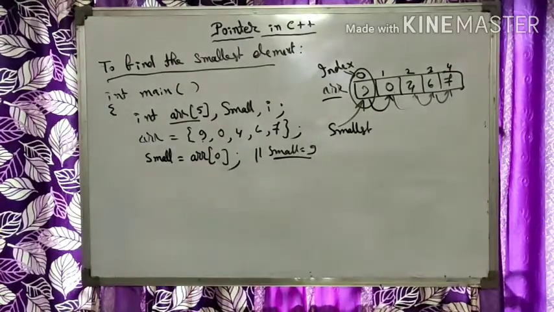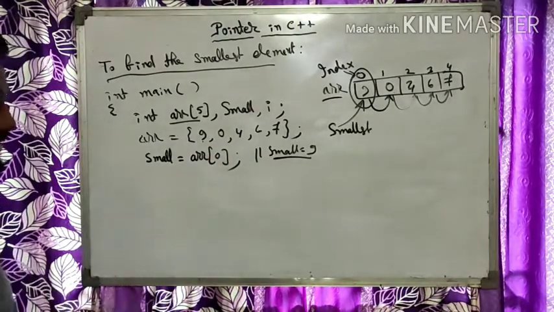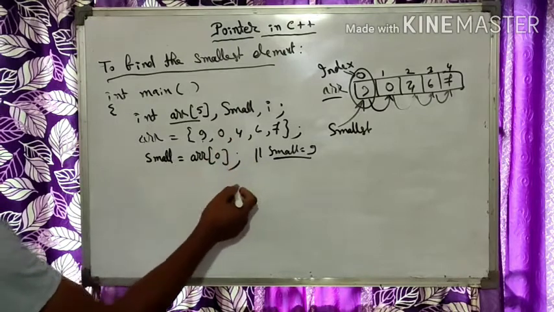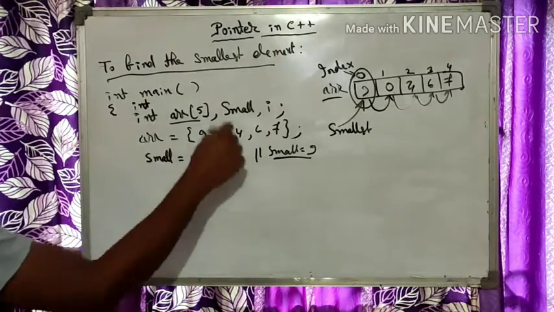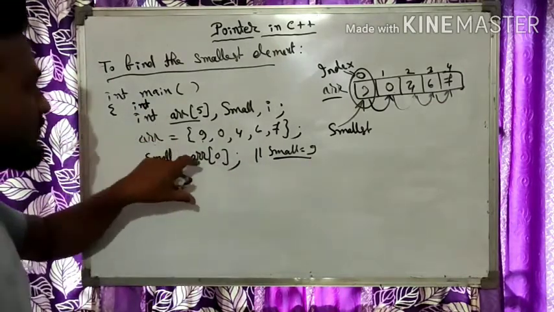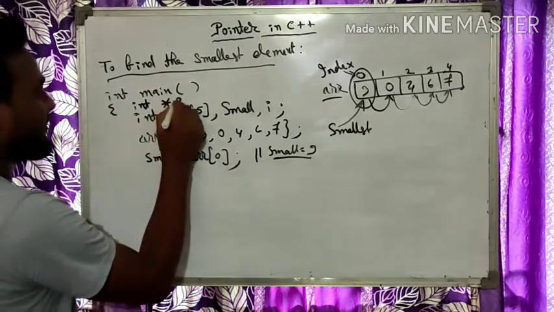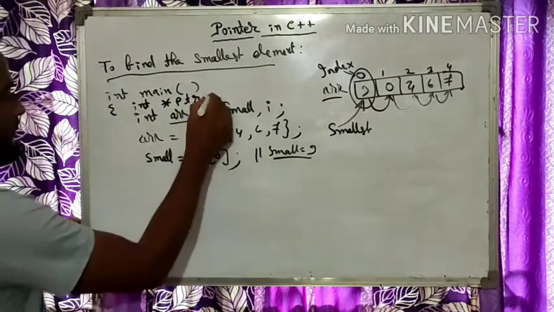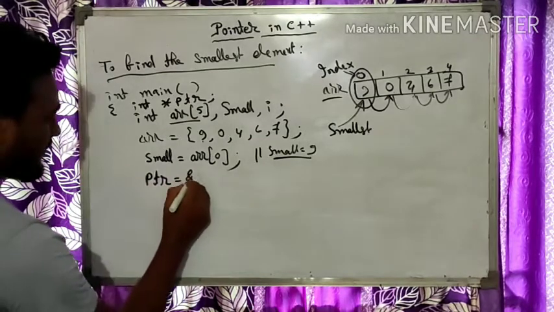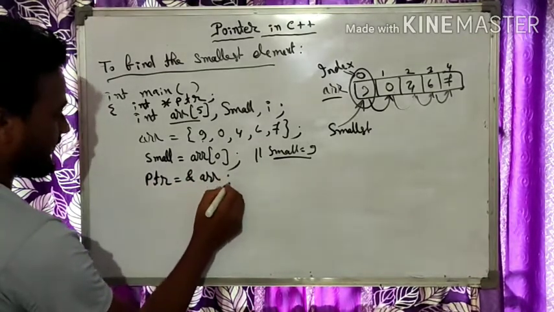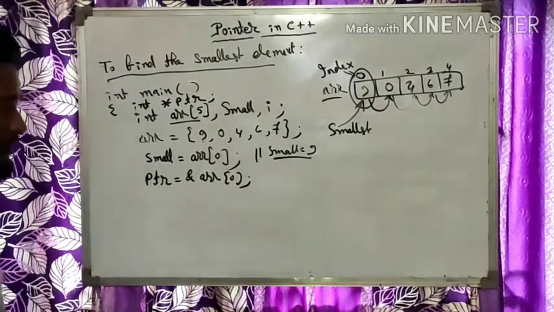Now we have to assign the memory address. I forgot to declare the pointer. Let's declare an integer pointer, because we are discussing this particular problem for pointers only. So we have to declare a pointer variable, say ptr. Now we assign ptr equal to &arr[0].